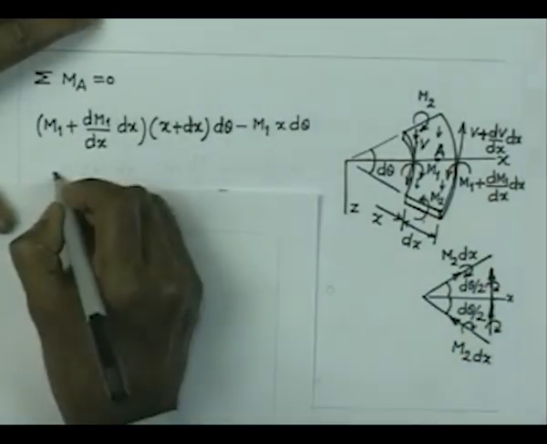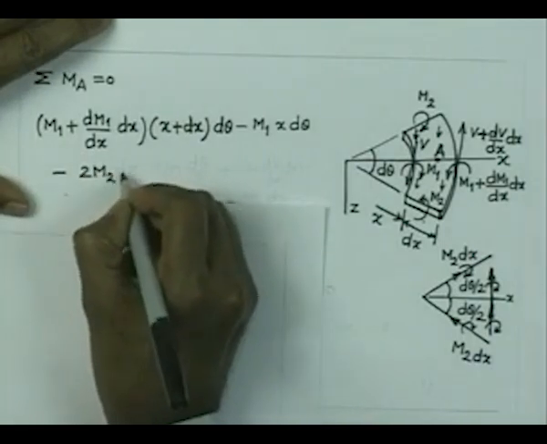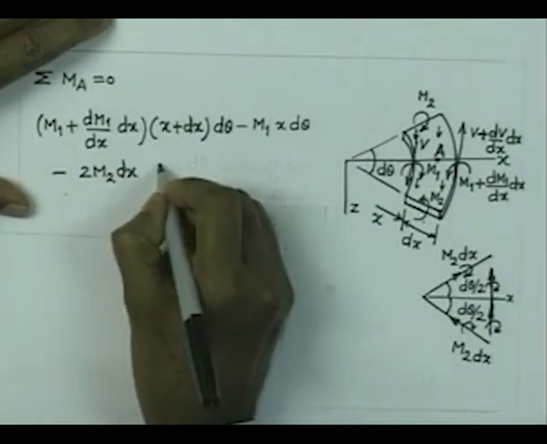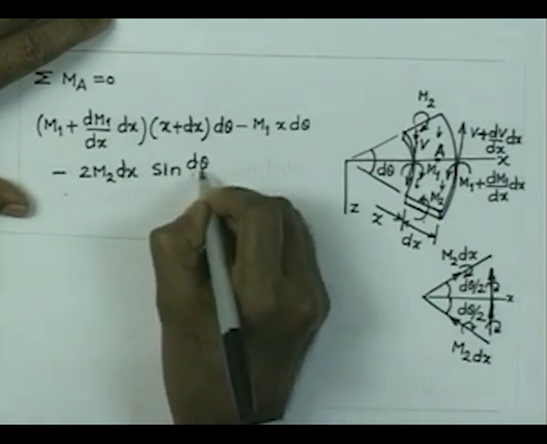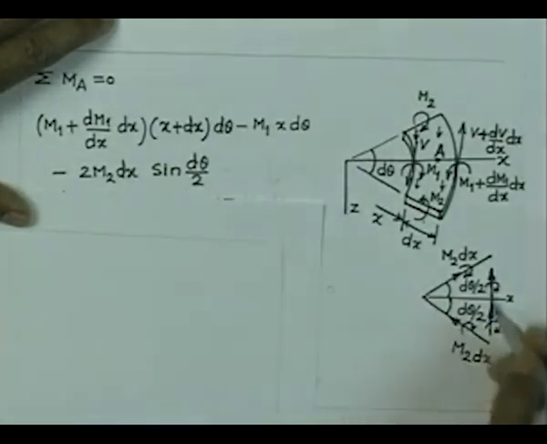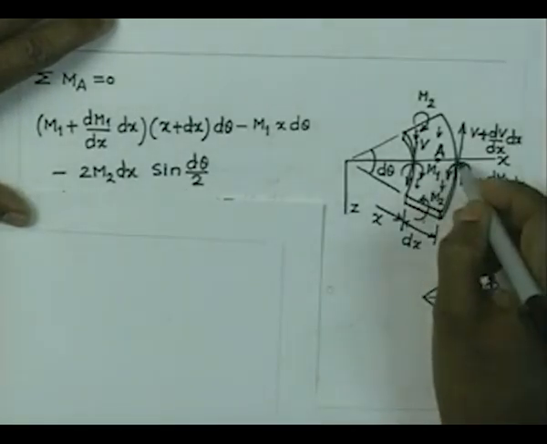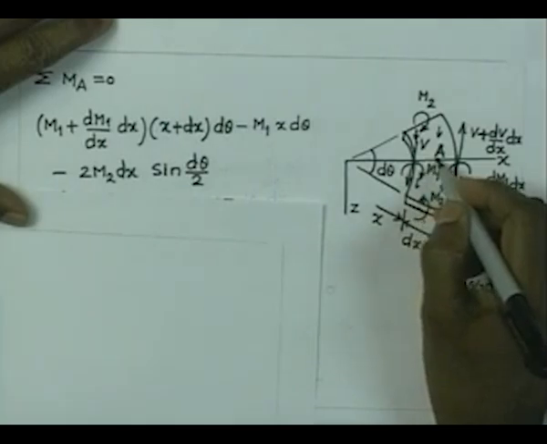So, we will have minus 2 times m2 dx sin d theta by 2. And then we will get the moment of the shear force V about this point.